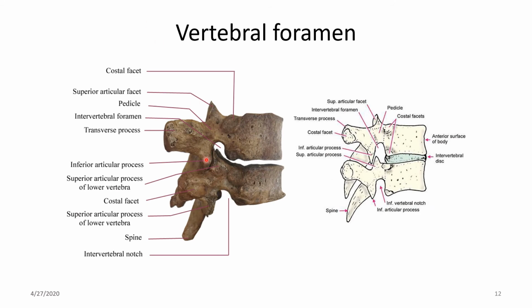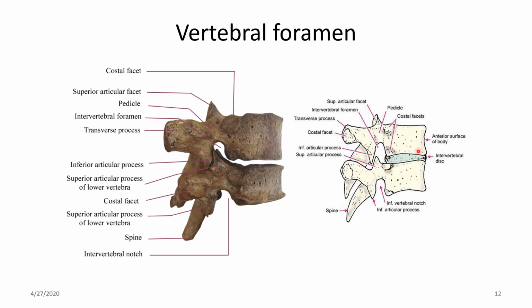Now in this picture, you can see the two vertebrae placed one above the other, and you can see the bodies of the vertebra, and this space between the two vertebral bodies is occupied by intervertebral disc in the living.